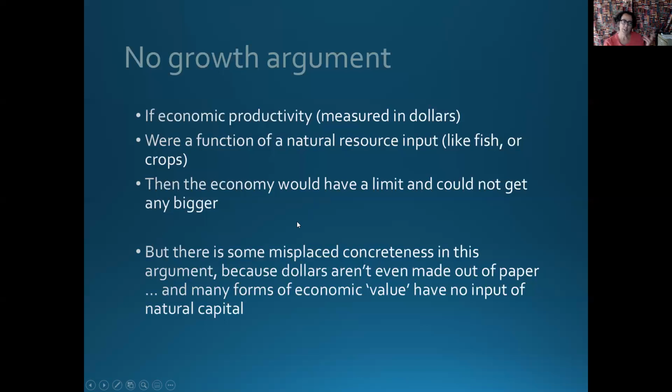But I would just say there is some, what I would call, misplaced concreteness in this argument, because many forms of economic value, the things that humans pay each other money for, have almost no inputs of natural capital.